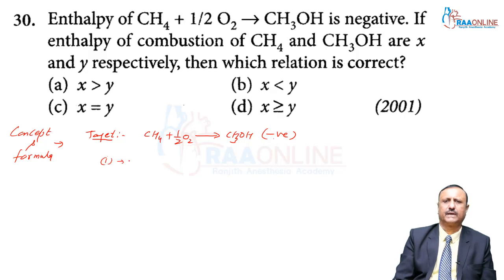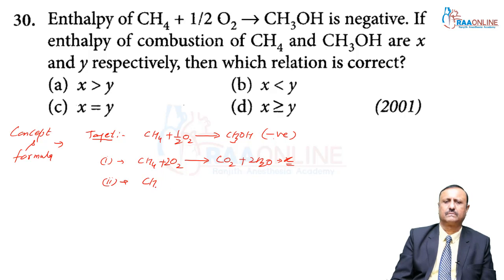Now, we give the reaction of combustion of methane with O2 to form CO2 plus 2 H2O, and you can get X as the heat of combustion. Now, we can see reaction number 2, the heat of combustion of methanol, CH3OH.